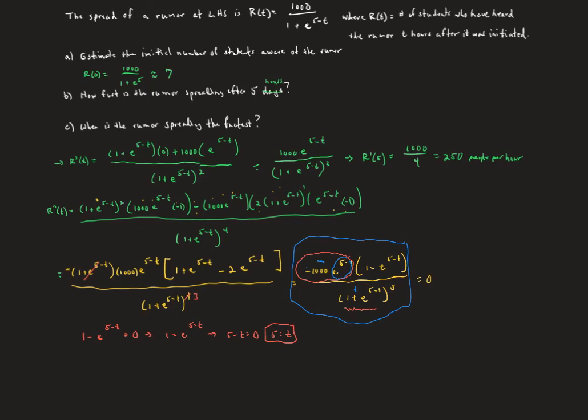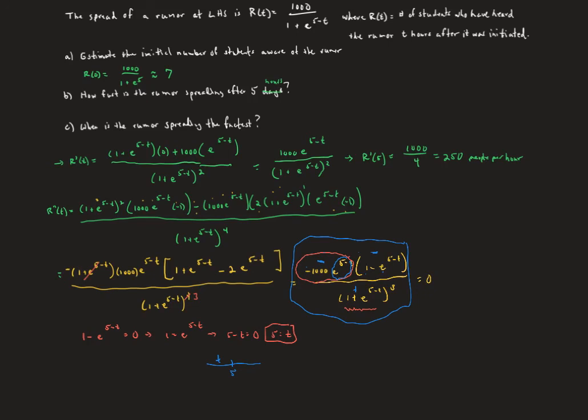Now, to the left of 5, when t is something smaller than 5, then we're going to get something like, say, e to the 5 minus 4. E is bigger than 1, so this is going to be a negative. So we will get a negative times a negative. So if we're doing our number line here, and there's 5, we're going to get a negative times a negative is positive on the left side.